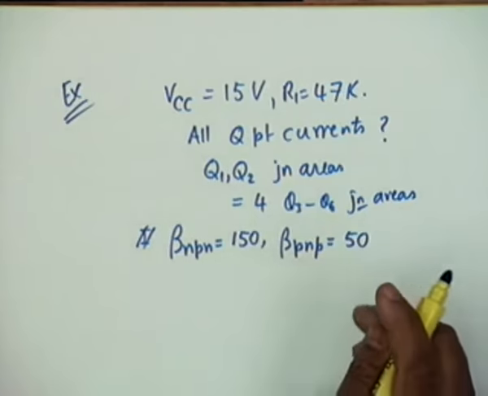You might ask me, they are identical transistors made on the same chip, how come beta PNP is smaller than beta NPN? This is also a fact of life, and that is why NPN transistors are preferred over PNP transistors. To get a high beta with a PNP transistor, one has to spend much more than one does in an NPN transistor.